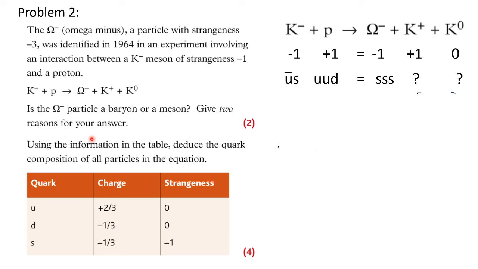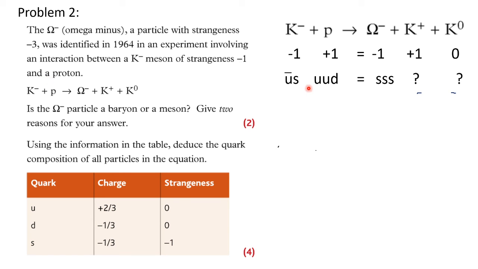Now the other information: is the omega minus particle a baryon or a meson? Give 2 reasons for your answer. Now for the omega particle to have a strangeness of minus 3, it should have 3 strange quarks. Otherwise it won't have such strangeness. So omega minus has 3 strange quarks, each with strangeness of minus 1, making minus 3, right?